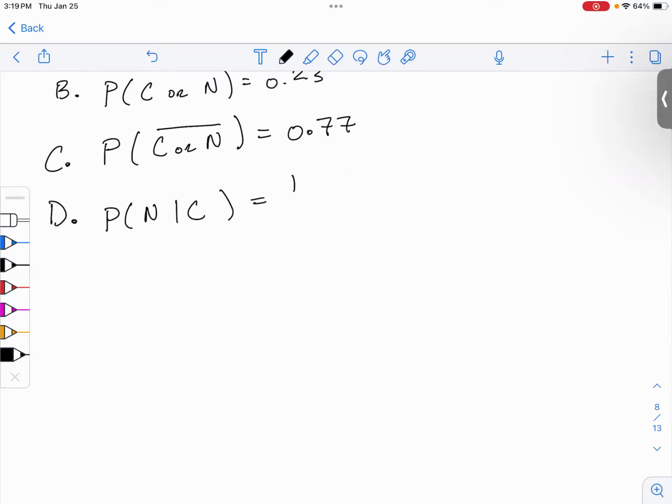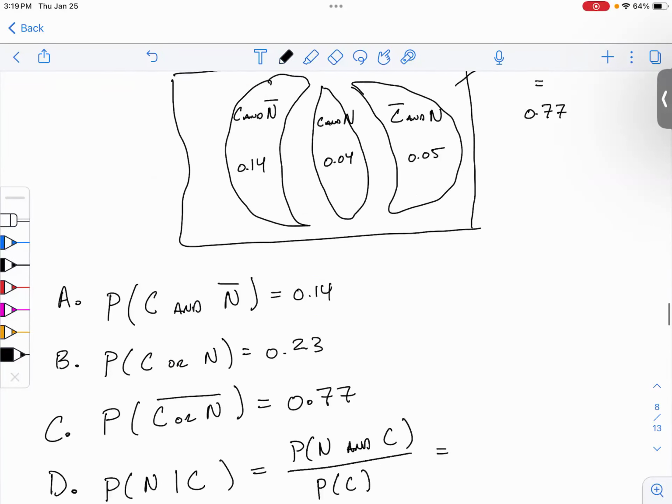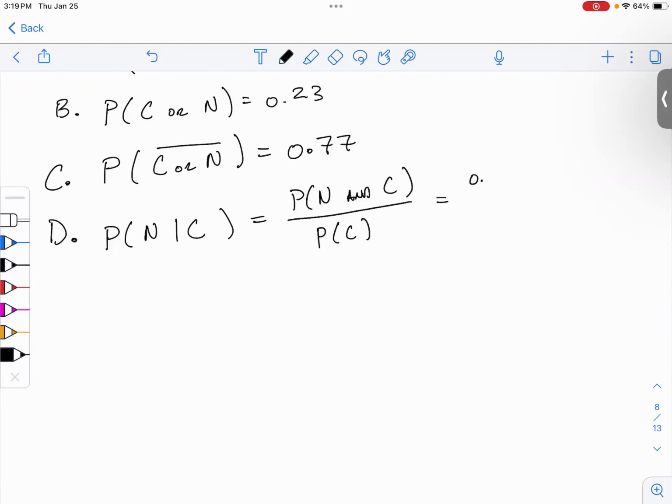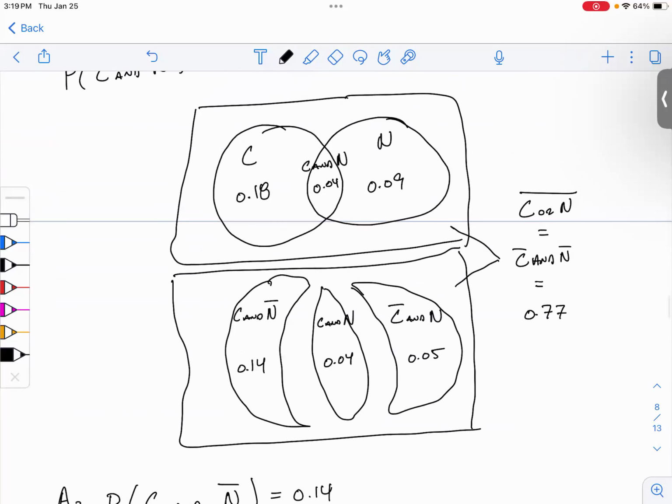So the definition: probability of N and C divided by the probability of C. And N and C, I have right there, is 4%. And what is the probability of C? 18.